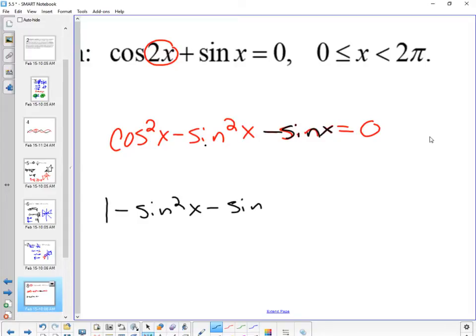Let's not go with this one. Let's go with the other one. Let's try cosine squared x minus 1 minus cos. Oh, that's going to give me a positive again. I don't want that. I was thinking the negative could cancel out with the negative, but negative negative would make positive again.